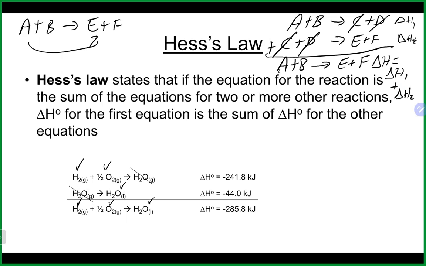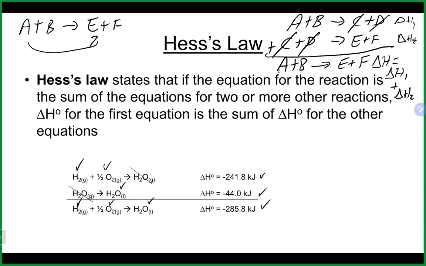The difference between those water is one's in the gas state and one's in the liquid state. So that's why they didn't all cancel. When we do that, we would then add these two numbers together to get our negative 285.8 kilojoules of energy.